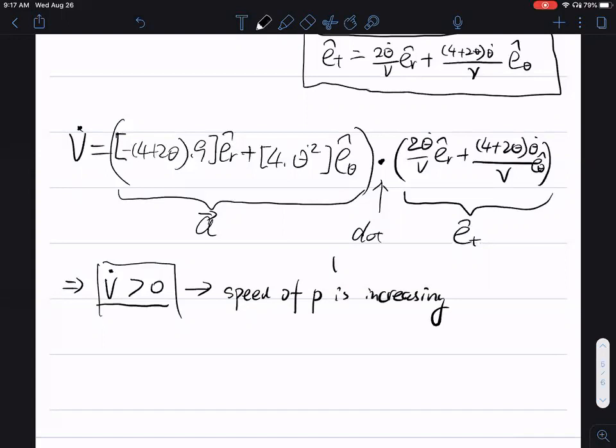In your homework, there is a very similar problem. All right, anybody end up with a positive number for your V dot? Okay. All right. Any questions on this example?